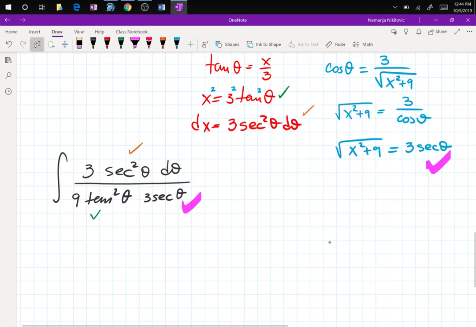And now cancel everything you can. So we have 1, 9 kicked outside because these 3 will cancel the other 3. You see that one of the secants cancels, and you have tangent squared theta, and then d theta, and from this point on, good luck.